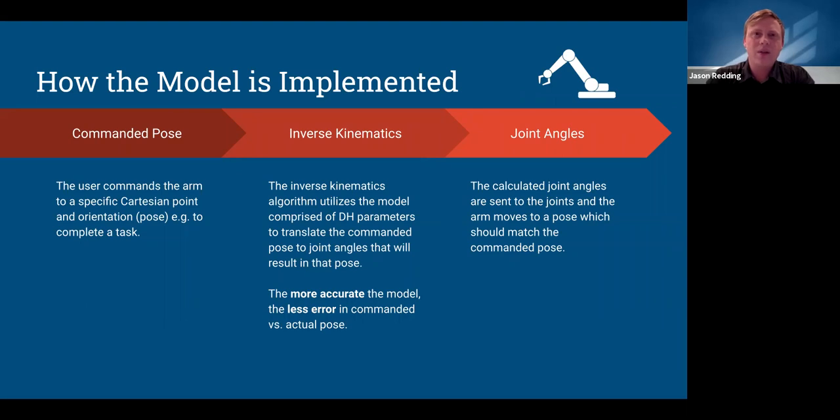Now, the model would think that the pose was in one position. However, the actual position may vary due to inaccuracies in the DH parameters. This is where our optimization project comes in. The joint angles that are produced by this inverse kinematic algorithm should allow the commanded pose to be exactly the same as the actual pose.